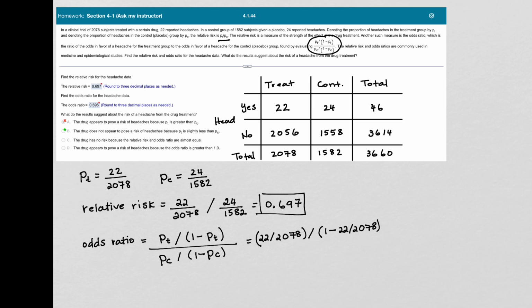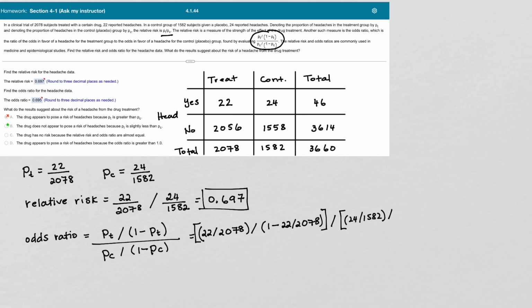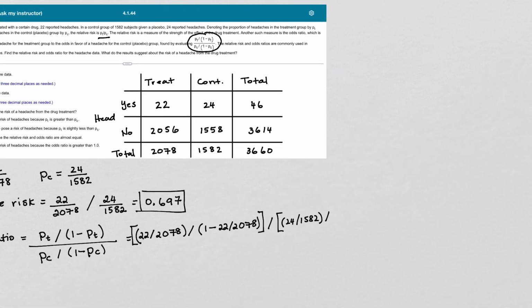Okay, then we're dividing that whole thing by 24 over 1582 divided by 1 minus 24 over 1582.